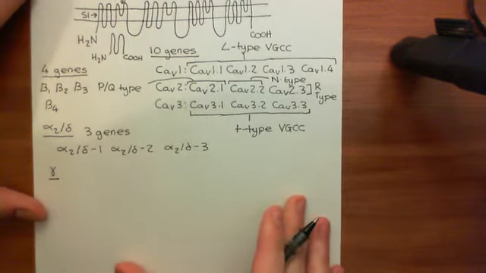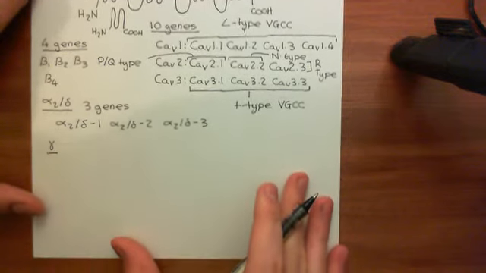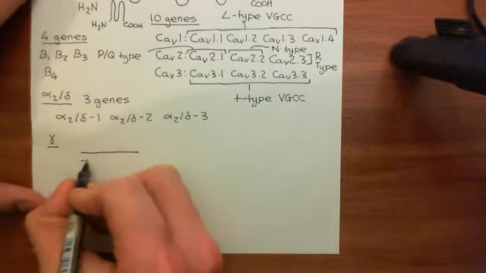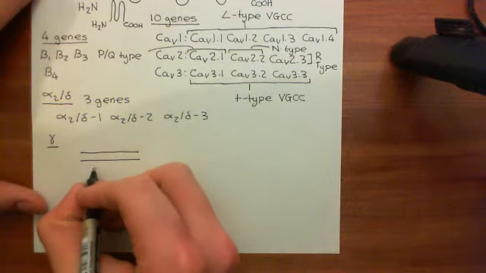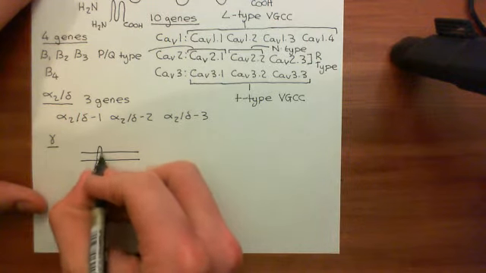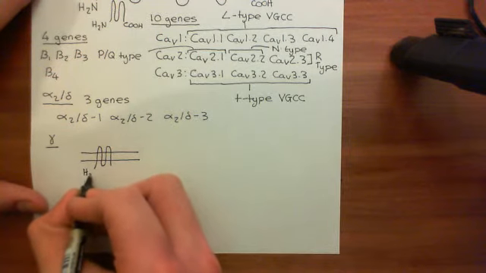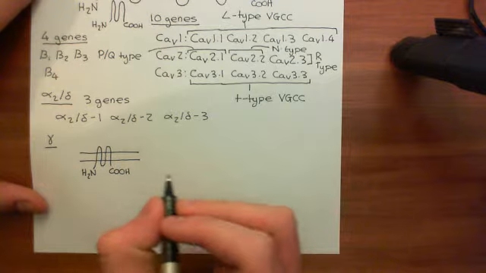Now, of all of the subunits of voltage-gated calcium channels, the gamma one is the one that we know the least about. Okay, so let me just show you the membrane spanning topology of the gamma subunit then. The gamma subunit has 4 membrane spanning alpha helices, like so, and its amino terminus and its carboxylic acid terminus are both intracellular.